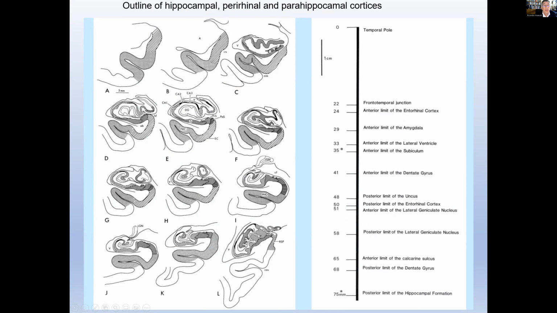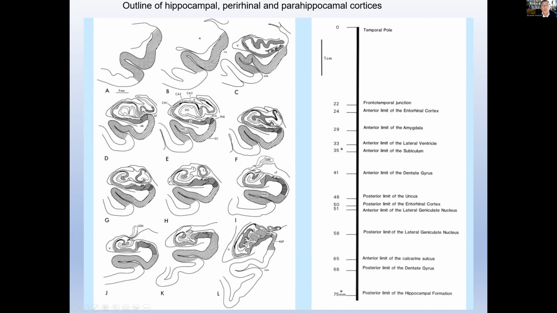We have here the uncus, the gyrus uncinatus as it is called, and then we can see the end of the uncus right here, and then we continue with the body of the hippocampus, and then we reach the tail of the hippocampus in these last two sections. Here the dark segments indicate the extent of CA2.